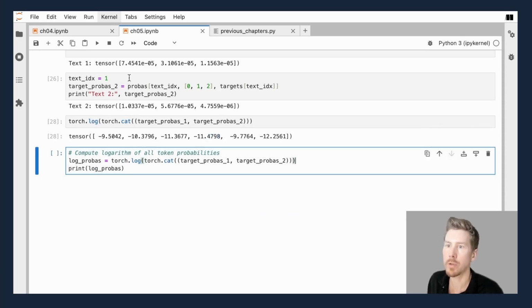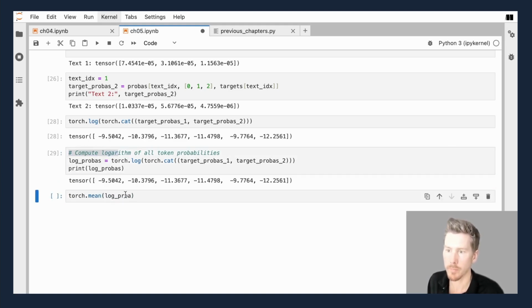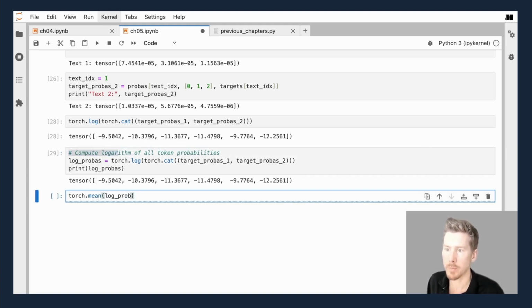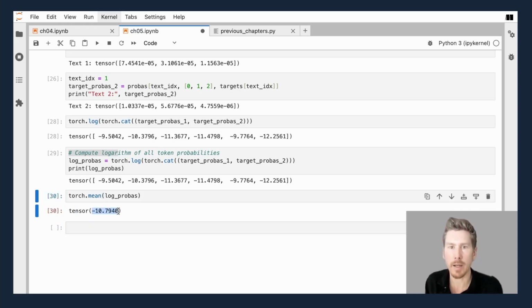And then we can compute the average. So we can do torch.mean, and we provide the log probas as input. You can see we get a value of minus 10.79. That's the average log probability.